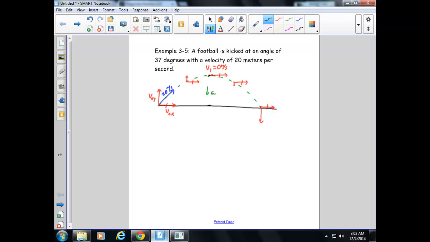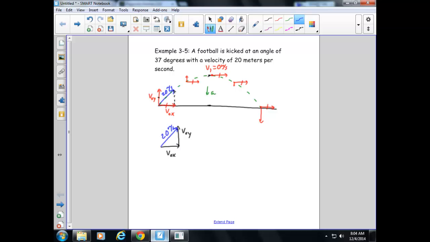If I draw my right triangle here, V0x, V0y, and I just took this and moved it over there. That's something you're allowed to do with vectors: pick them up and put them down as long as you don't change the orientation. And V0 equals 20 meters per second.